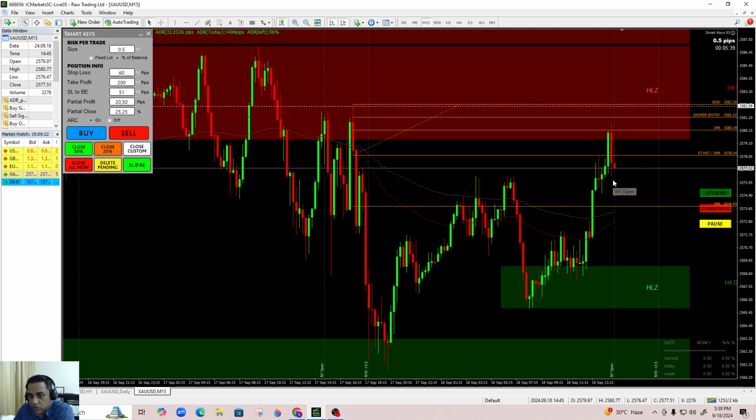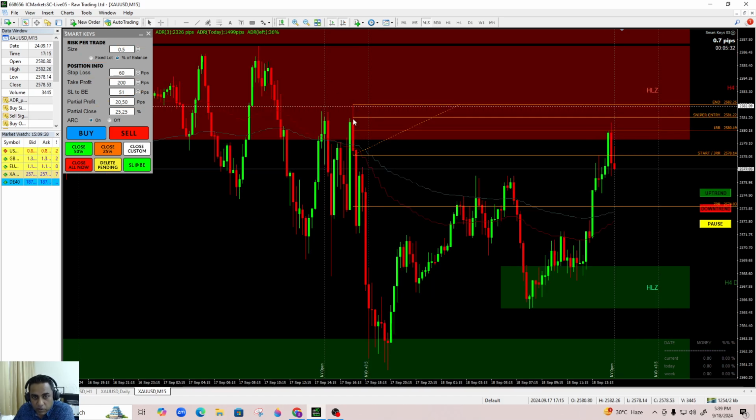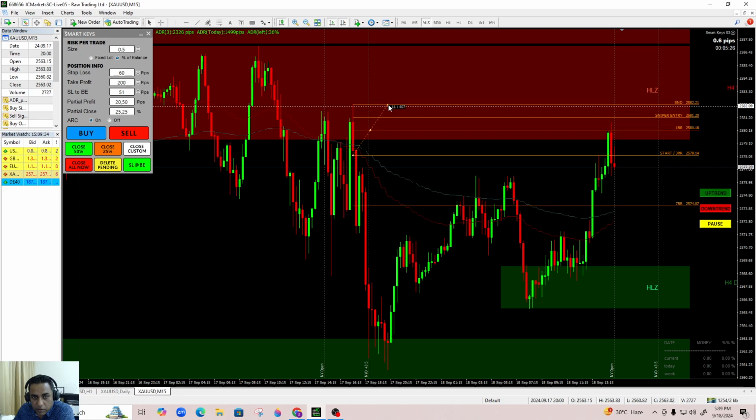If it's going to close down here, we're going to come, if it does. So the reason I drew the fib here, the way I did it, is because this M15 candle came into this supply zone. Now this was a high liquidity zone.